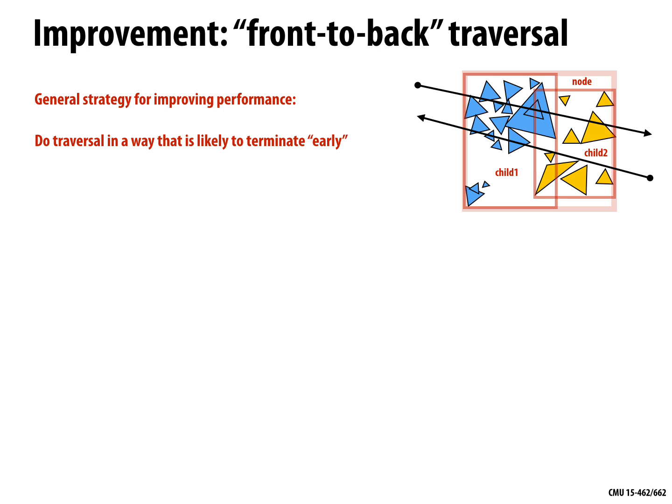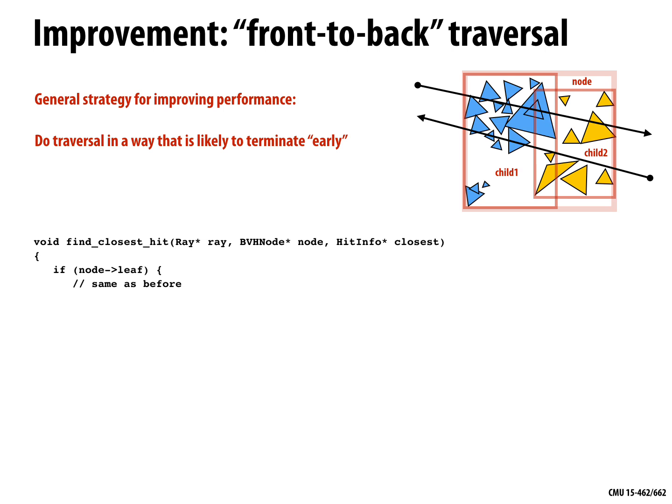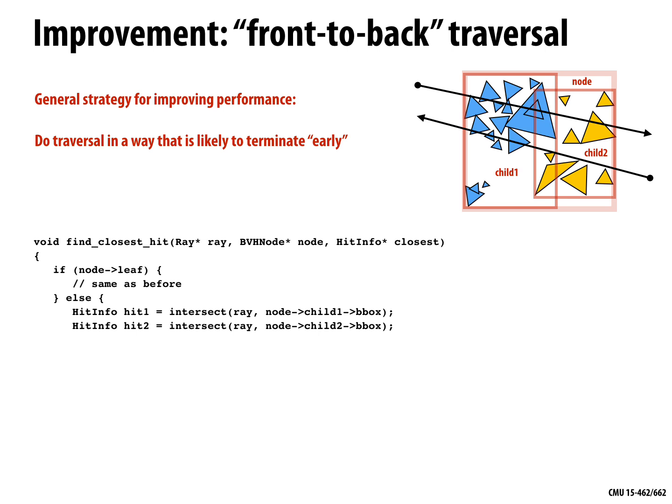So here's a modified version of our closest hit algorithm. We have the same inputs, the ray, the node, and the hit record. And if we hit a leaf node, we just do the same thing. We walk through all the primitives stored in the leaf, and we do a standard ray-triangle intersection. Otherwise, we're going to do something slightly different. We're going to intersect the ray with the left child's bounding box, and with the right child's bounding box.